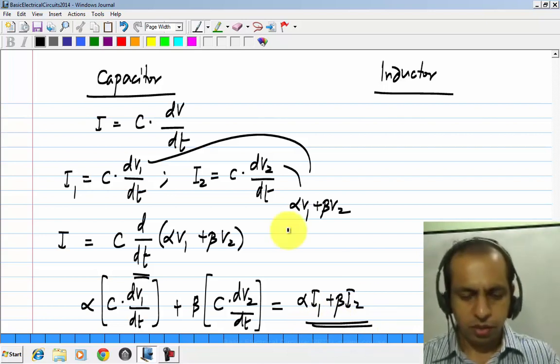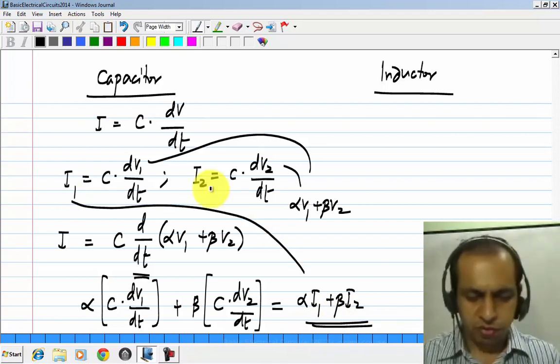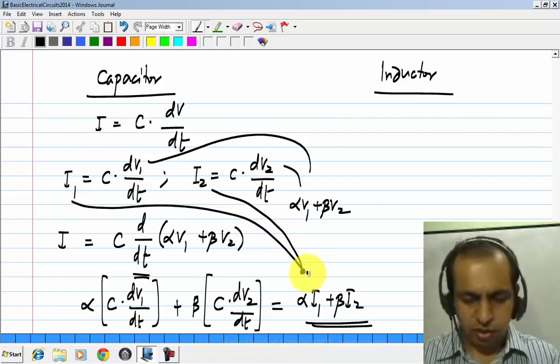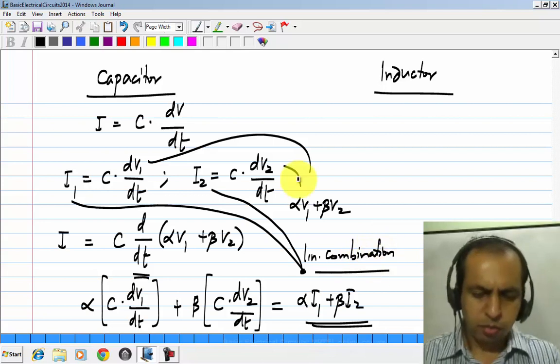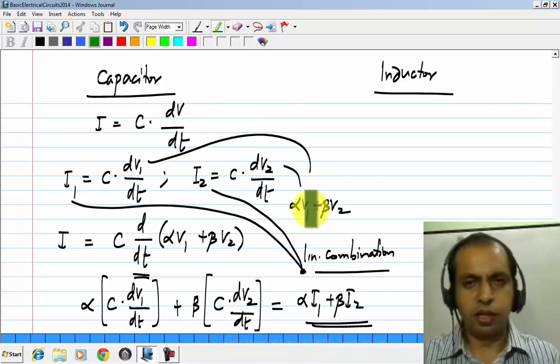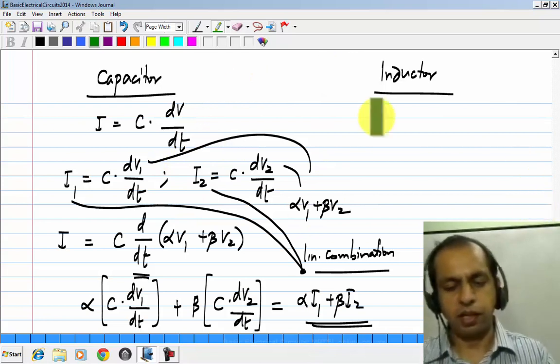So it's the same linear combination of I1 and I2. So basically the time derivative is a linear operation. So the capacitor is a linear element.